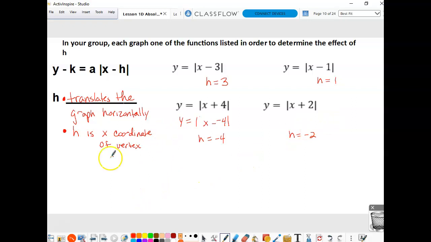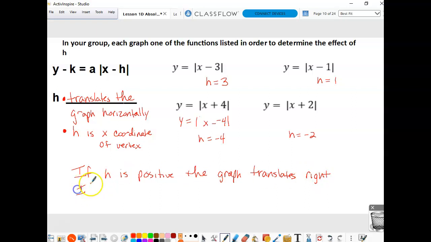Now, if you're filling in the section that says what's the effect, well, if h is positive, the graph translates right. And if h is negative, the graph translates left.